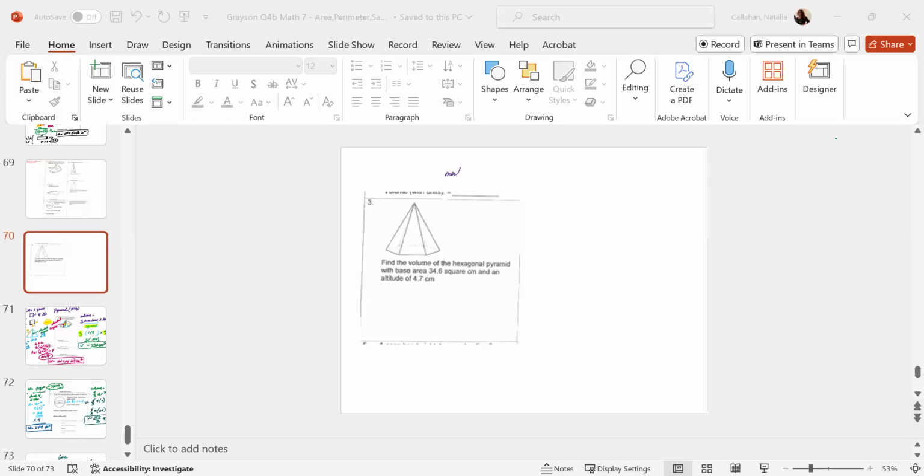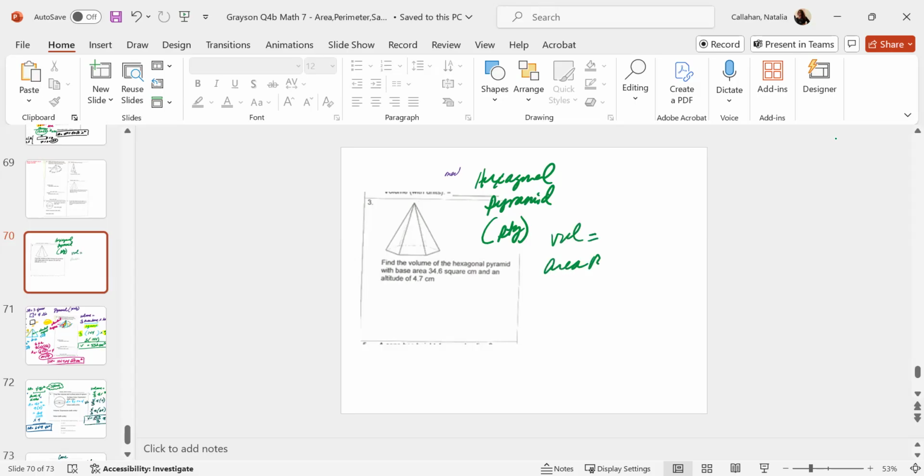Okay, what shape is this? Hexagonal pyramid. Pointy or no pointy? Pointy. So to find the volume, it's the area of the base times the height. And then what? What am I missing?